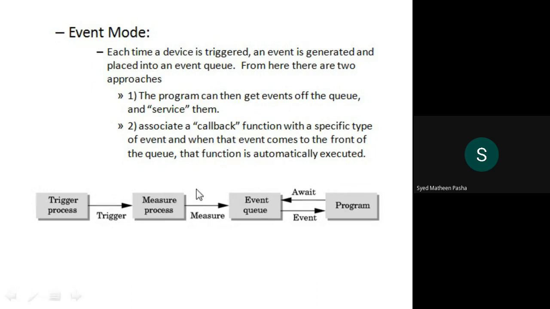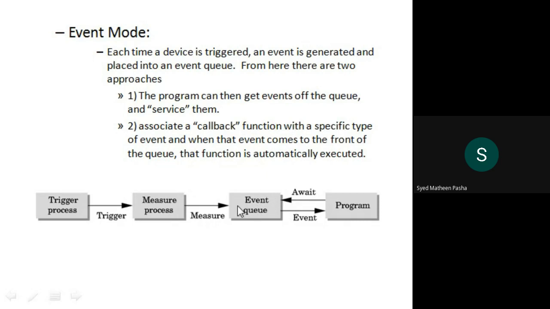Check out the whole process where event mode is being executed here. This is a program written here. There is a trigger process, measure process, as well as event queue. These are basically the previous parts of the execution. Suppose a program gives an await time for the event queue. What happens in the event queue?